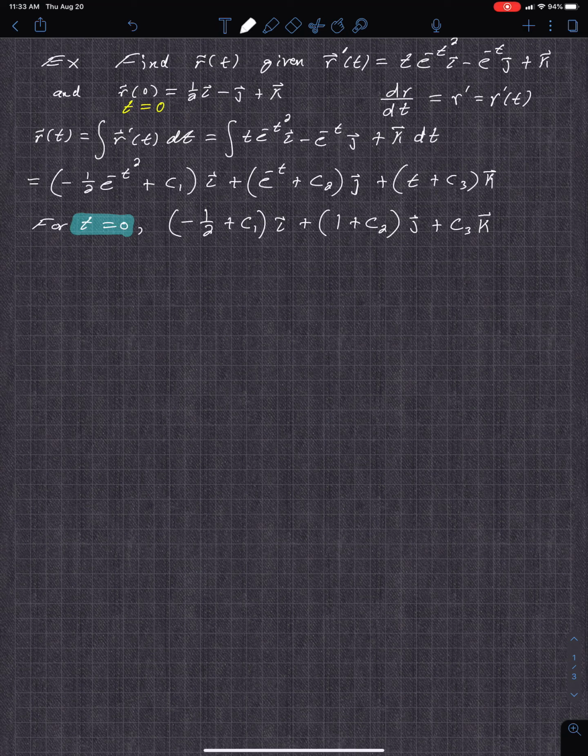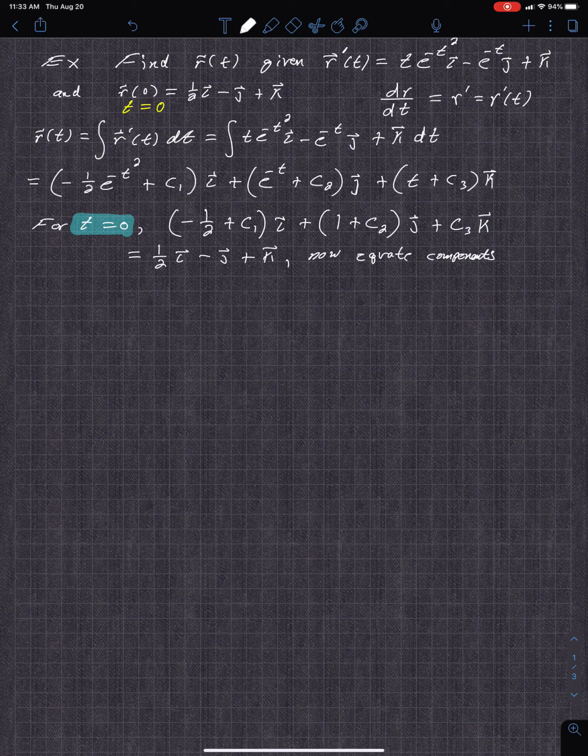All right. So substituting in 0 must be equal to the initial condition, which was 1/2 i minus j plus k. This is more specific to Calc 3, but now equate components.